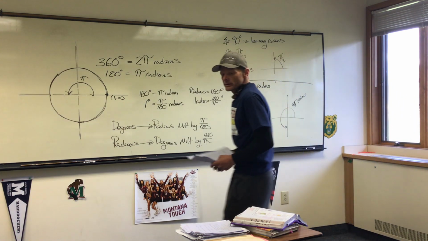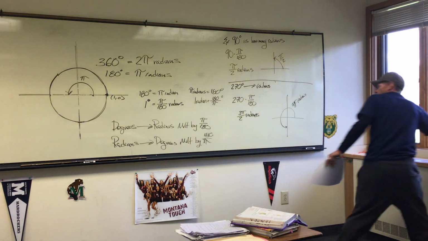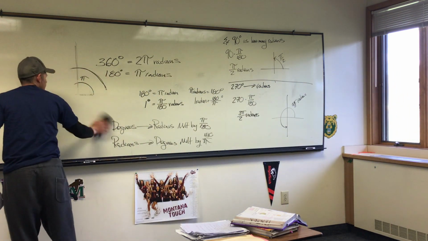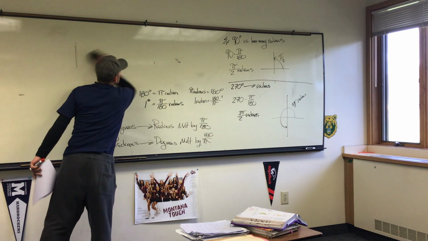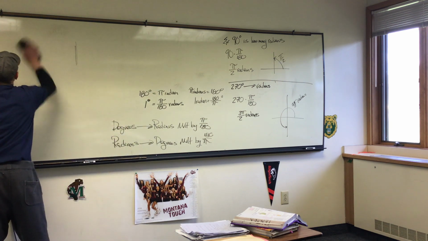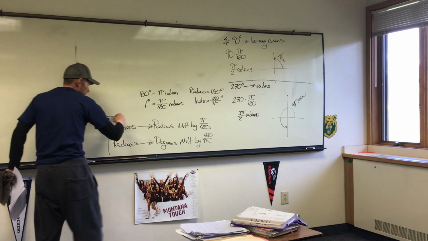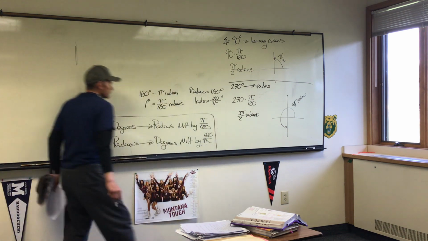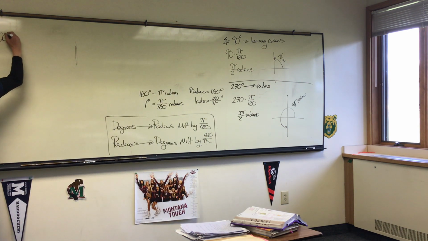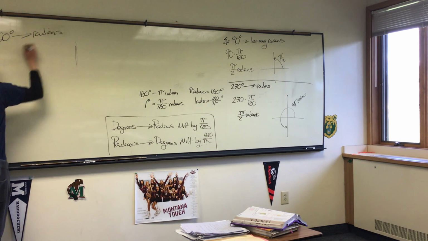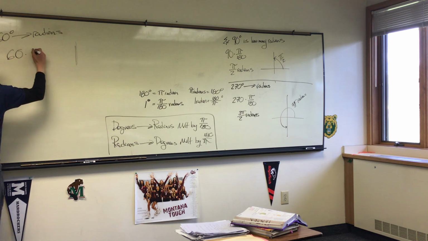Ooh, 60 degrees. How many radians is 60 degrees? That's a nice one. 60 degrees to radians. 60 times pi over 180.